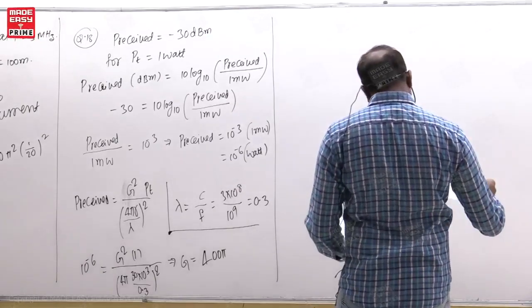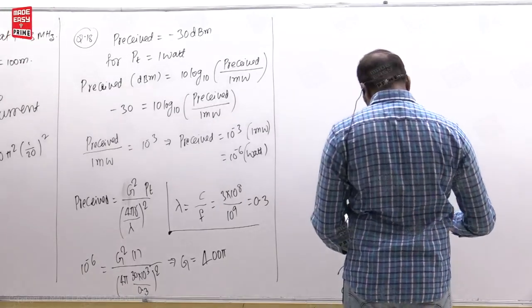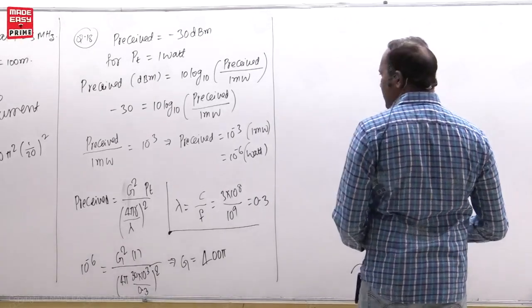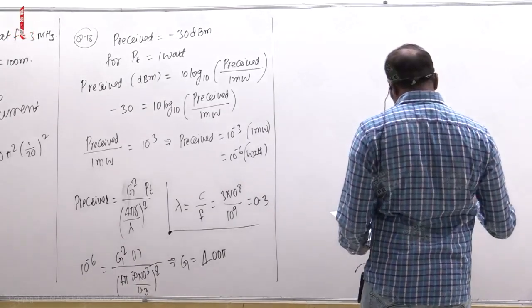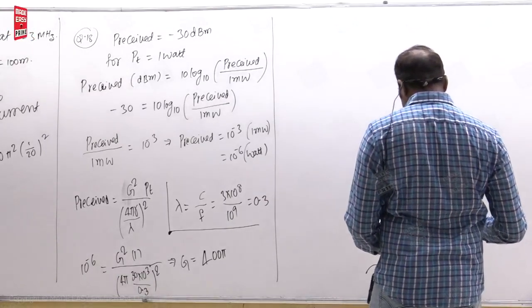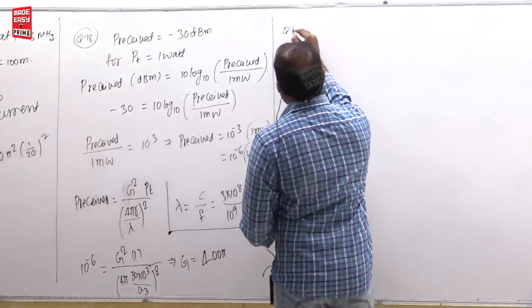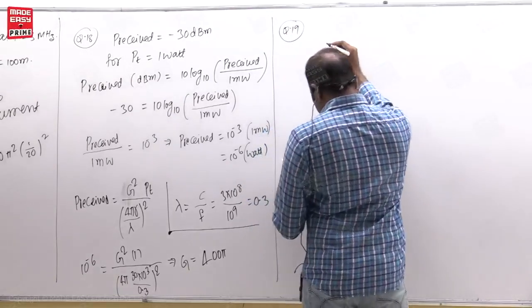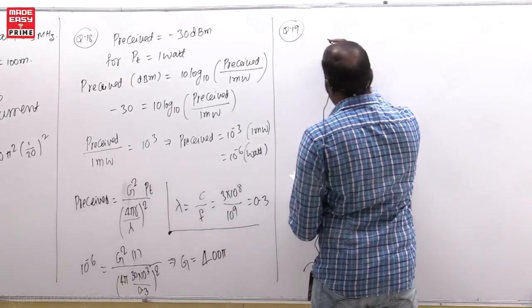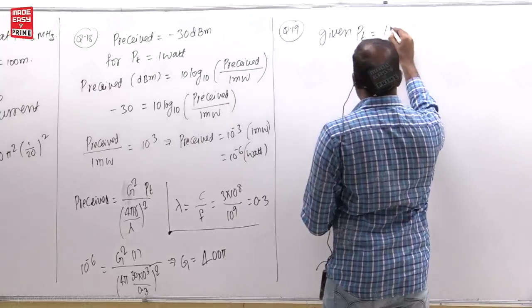Now the next question is question number 19. The given information is: power transmitted is equal to 10 watt.